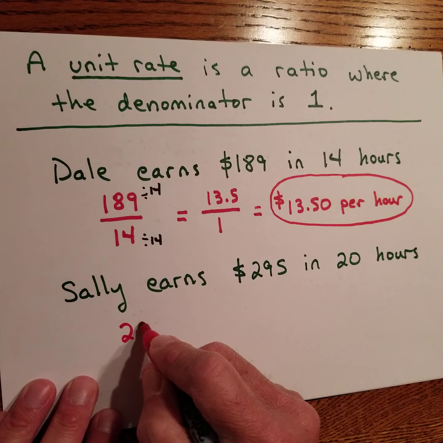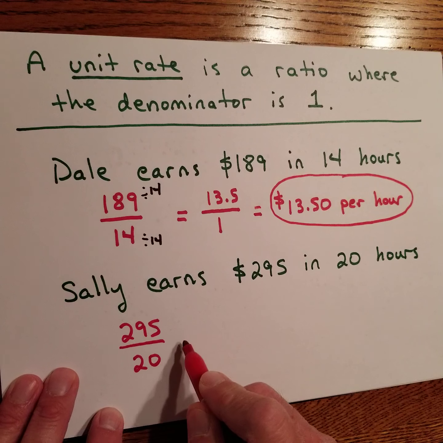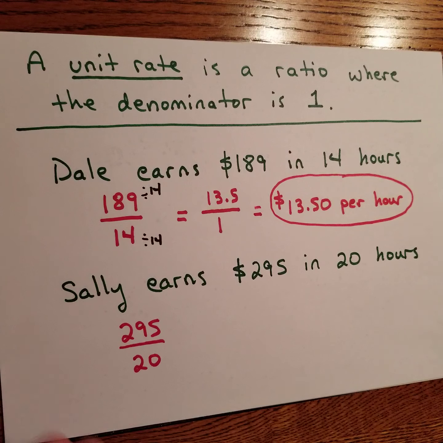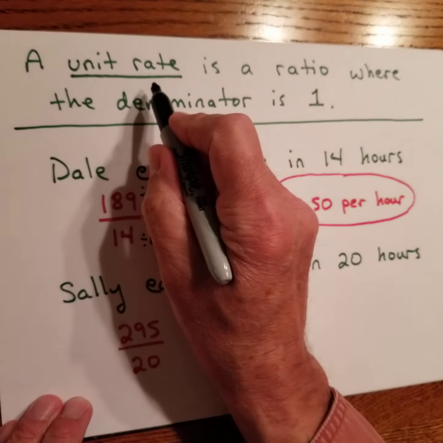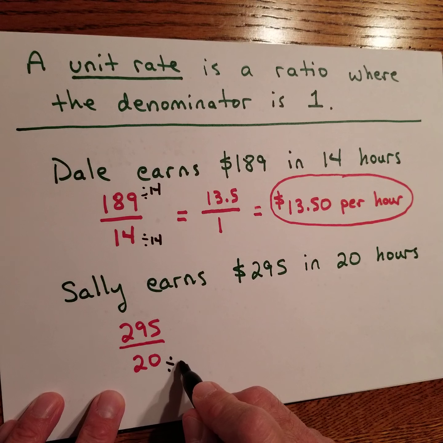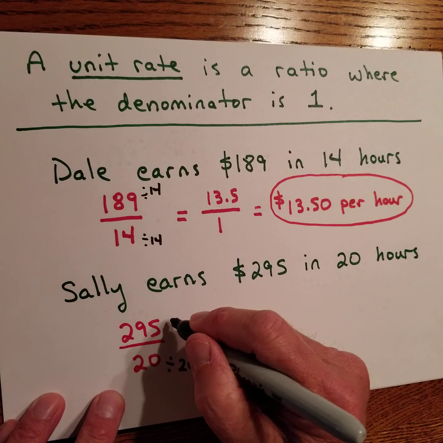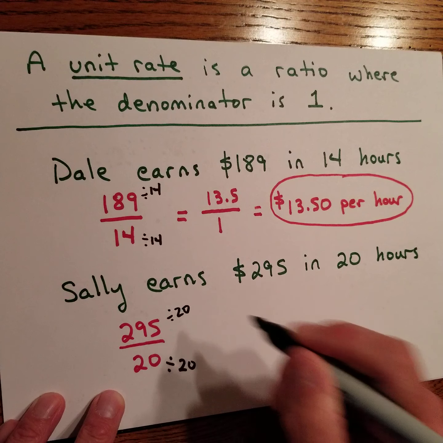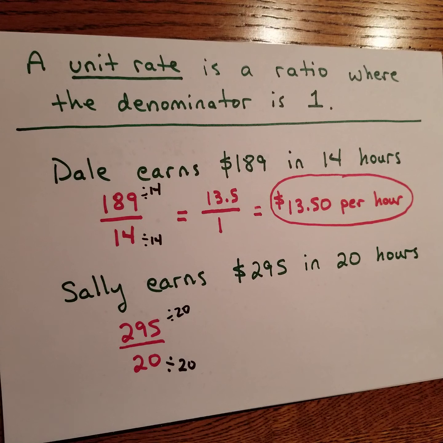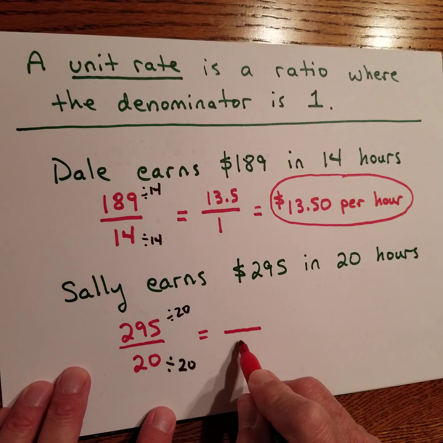Sally makes $295 by working 20 hours. I can turn this into a unit rate by making the denominator 1. I'll make the denominator 1 by dividing it by itself. But if I divide the bottom by 20, I must also divide the top by 20. 20 divided by 20 is 1.